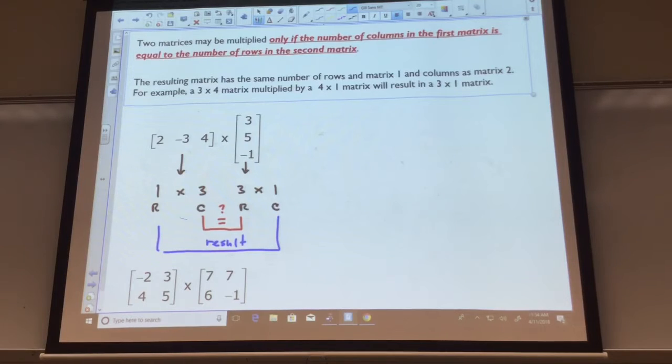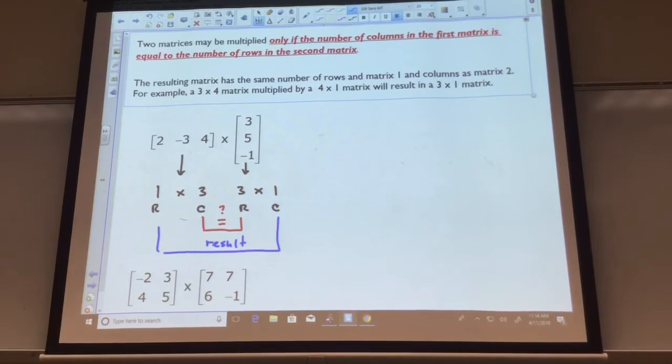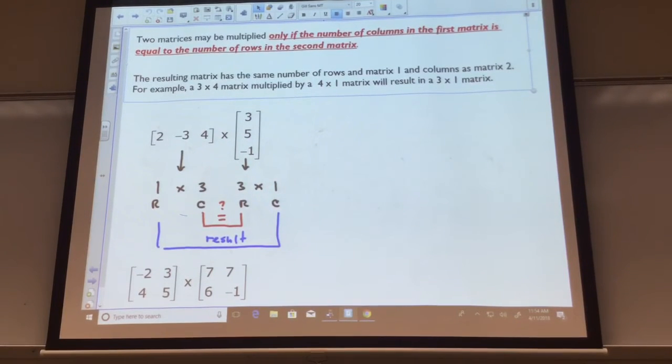That's it. To multiply matrices together, every row is multiplied by every column, but each item is used only once.